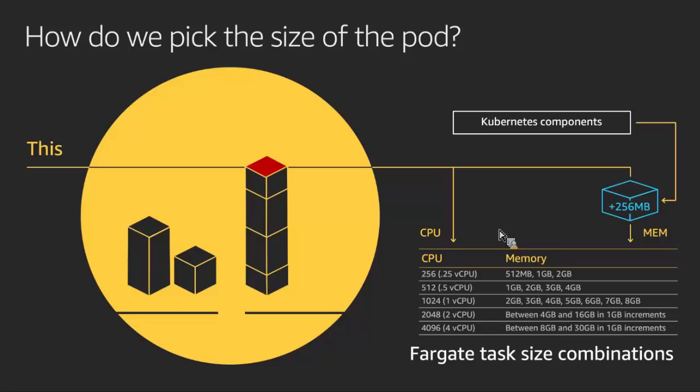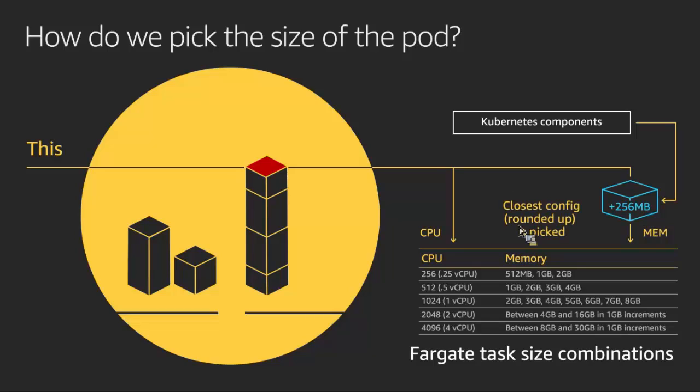This applies only to memory. So let's make a real life example. If you had an aggregate of memory for all these running containers that is 1.6 gigabytes, to that 1.6 gigabytes we add 256 megabytes, which makes it 1.8 something gigabytes.